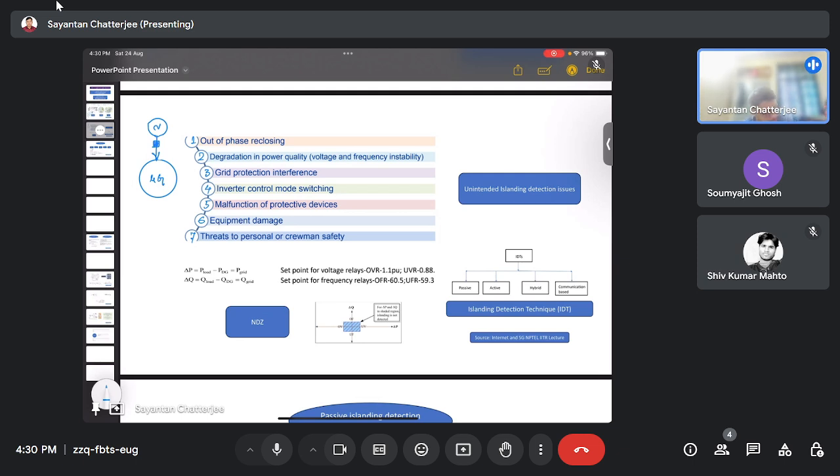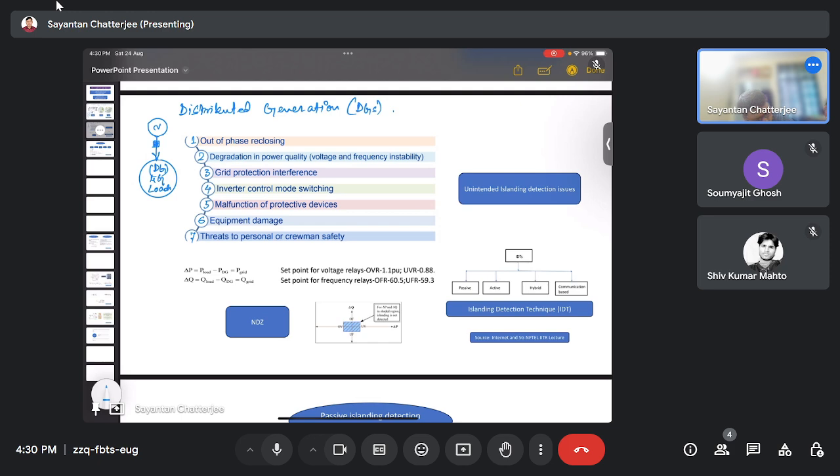So if we see, in the microgrids we have the DGs placed. What are DGs? The distributed generation. So these DGs or DERs are placed on the distribution side, and also the loads.